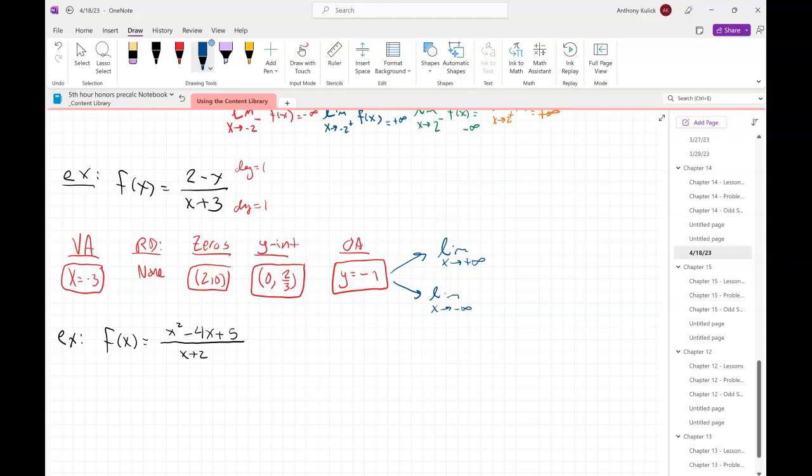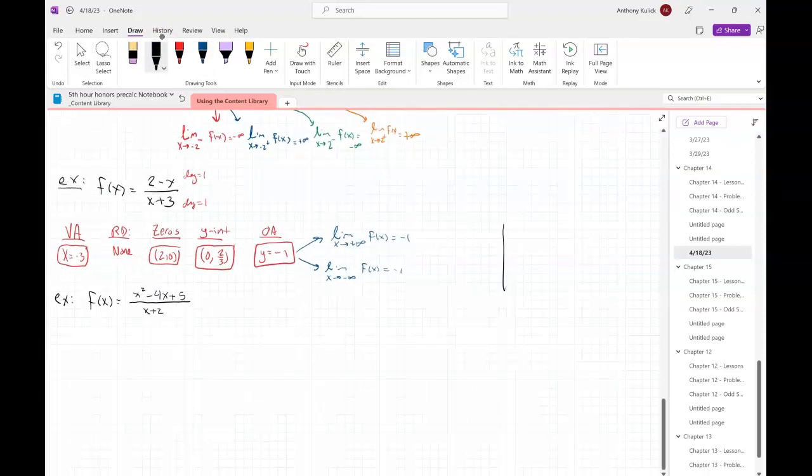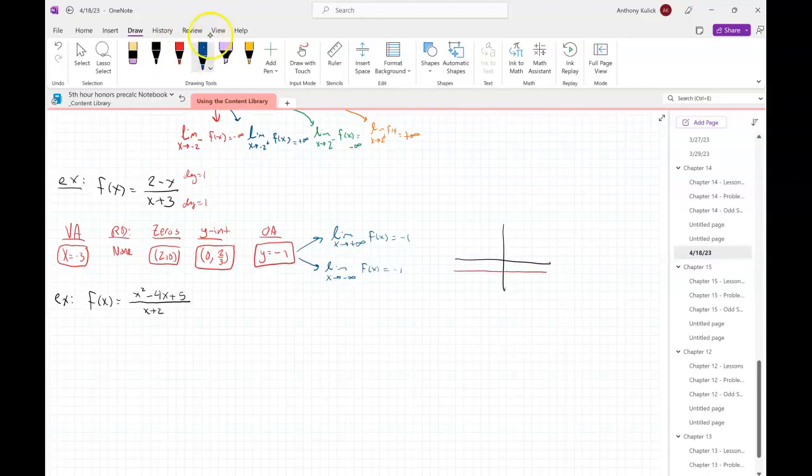I can say that, because whatever's happening on my graph at those ends is what those limits are representing.